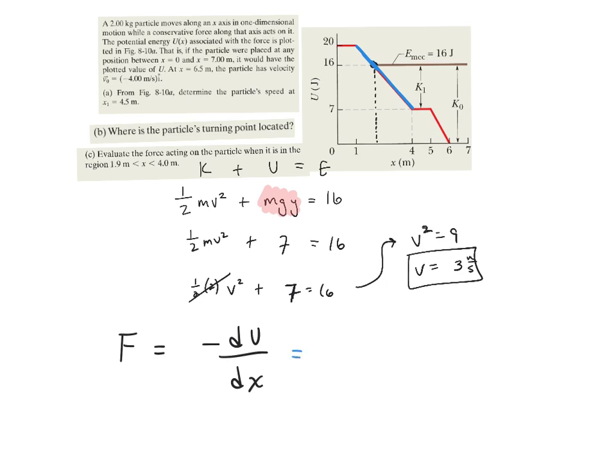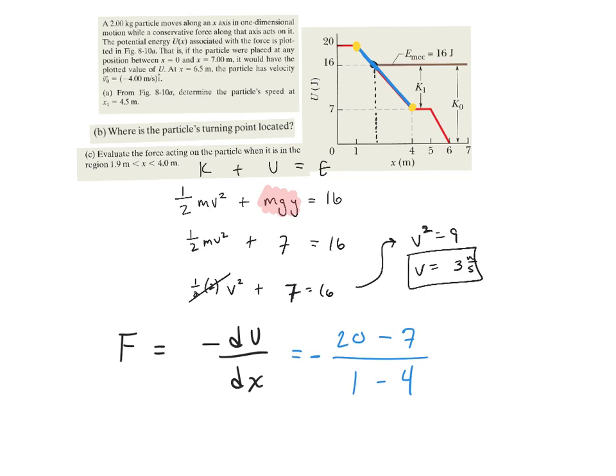So this is going to equal, let's do the slope here. This is going to be y2, which is 20 minus 7, over 1 minus 4, and it's the negative of that. I'm using the two yellow coordinates to calculate the slope: 1 comma 20, and 4 comma 7.